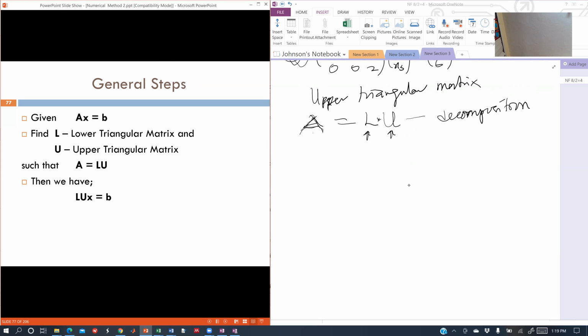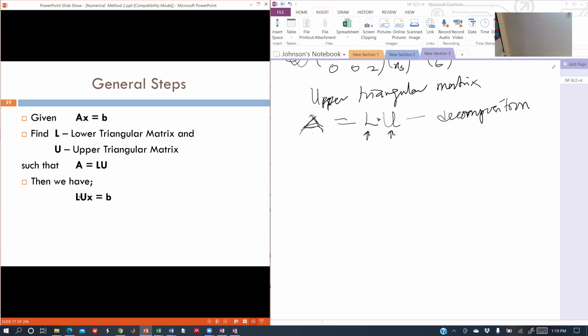So you see this particular system can be written this way. But from our understanding of solving systems of linear equations, we cannot solve this particular system directly, where L is a matrix, U is a matrix, X is a vector, and B is a vector. All we know is that there must be one coefficient matrix, then the vector of unknowns, and the right-hand side values.